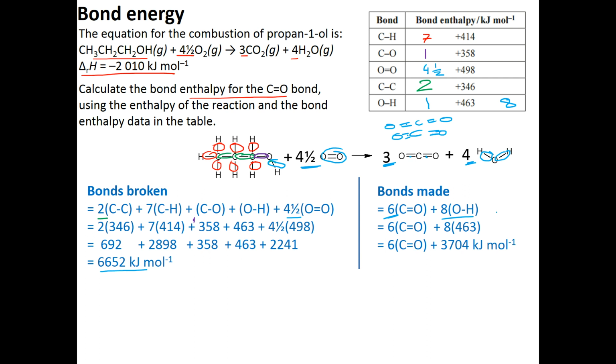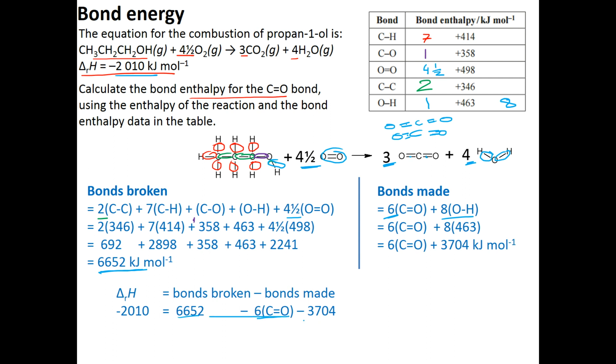Now I simply substitute overall into my equation: delta RH is equal to bonds broken subtract bonds made. My delta RH we are given is this value up there. Our bonds broken we know is over there, so I've substituted in. The bonds made is 6 of my C double bond O and 3704, so I put that in.